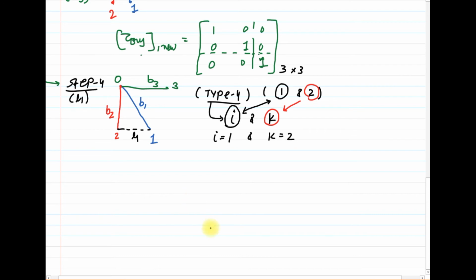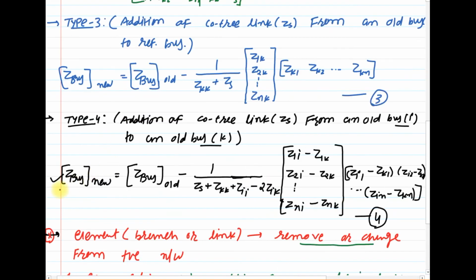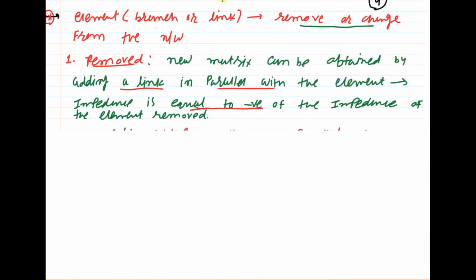Now just simply write down equation number 4.